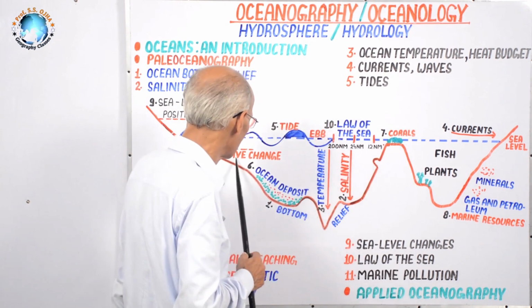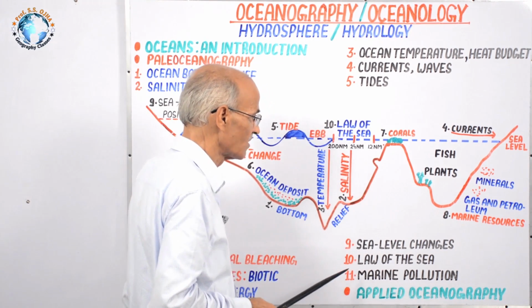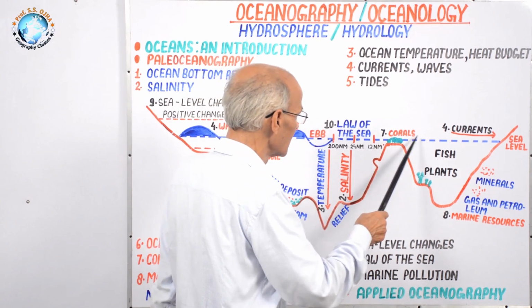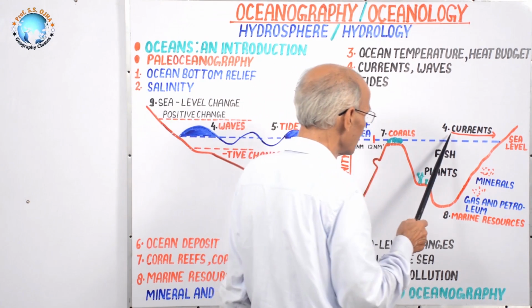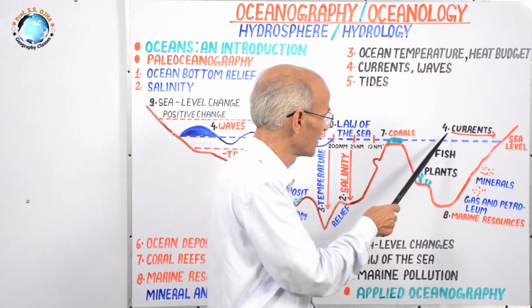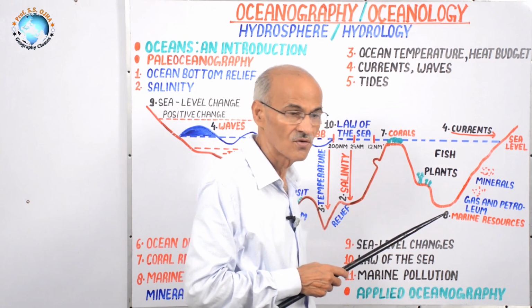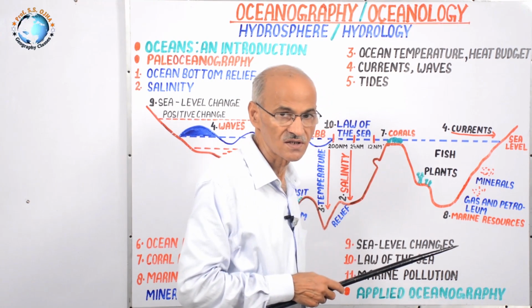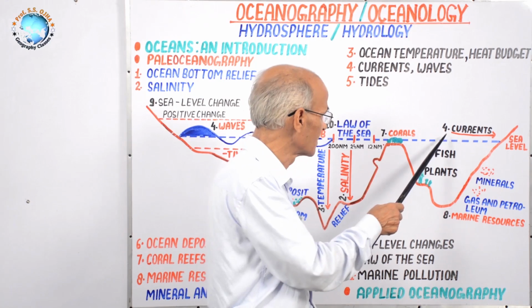Now, fed up of traveling the ocean bottom, come up to the sea level or sea surface. Here, a very important topic is current, and current is a very important phenomenon of the sea. Currents flow due to the difference in salinity, waves, rotation of the earth and other factors.